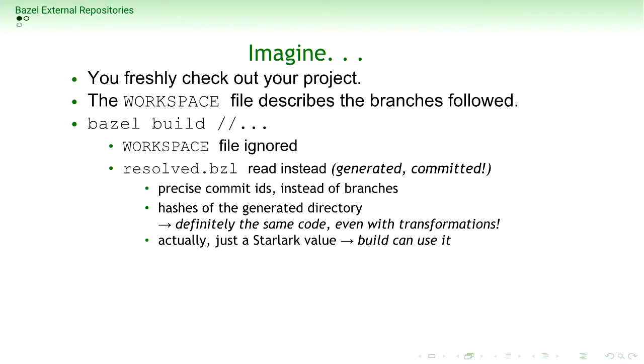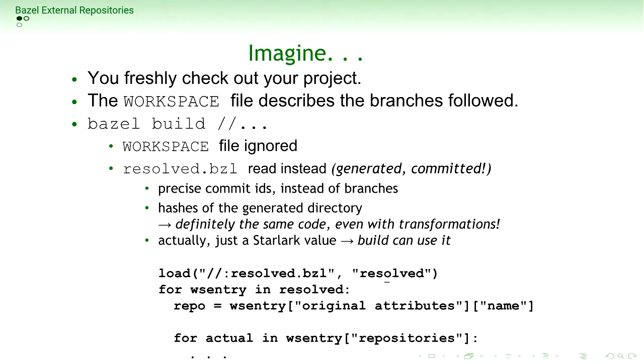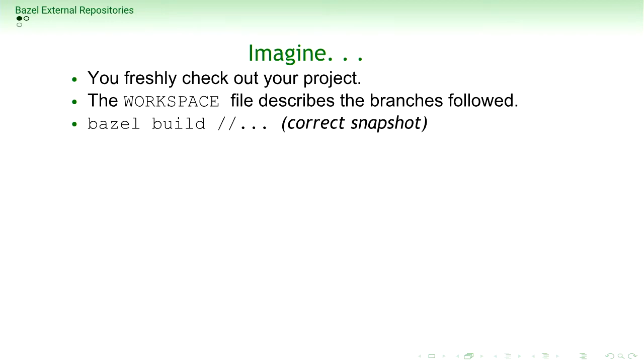And actually, it's just a Starlark value contained in that file, so the build can just load that file and do whatever it wants with these values, like adding precise snapshots of your dependency in the version string in a functional way. Okay, so the idea is you have a file that contains all the relevant information of the versions.